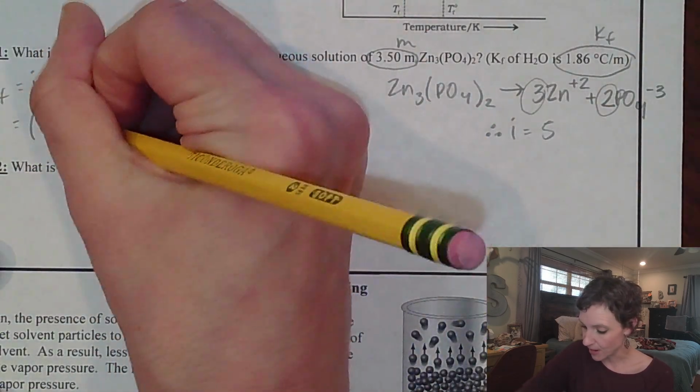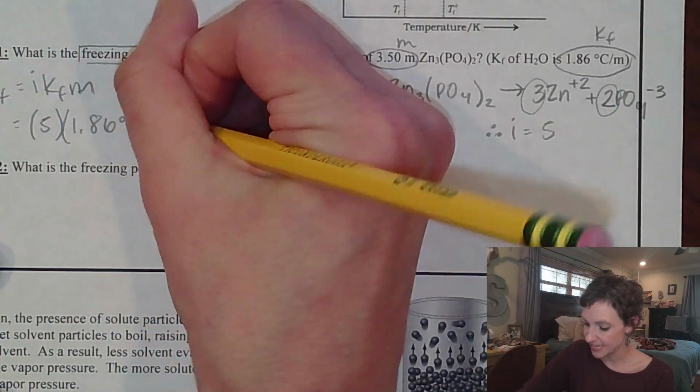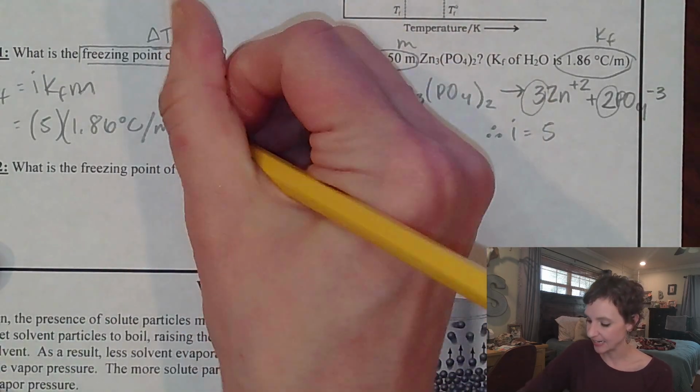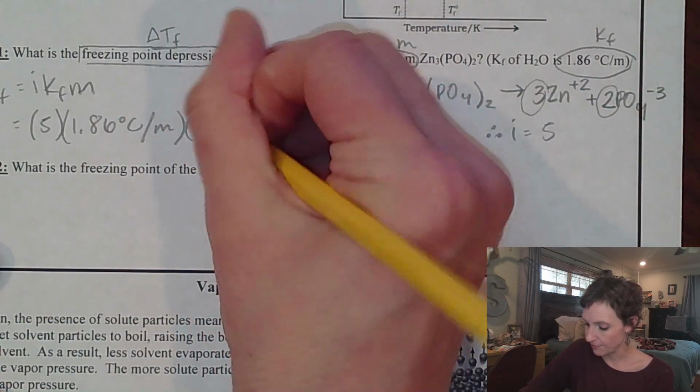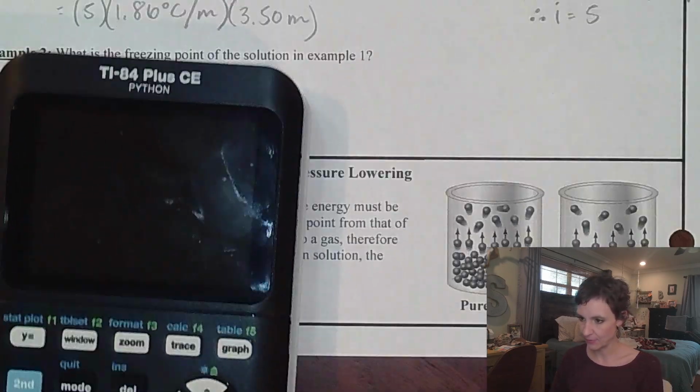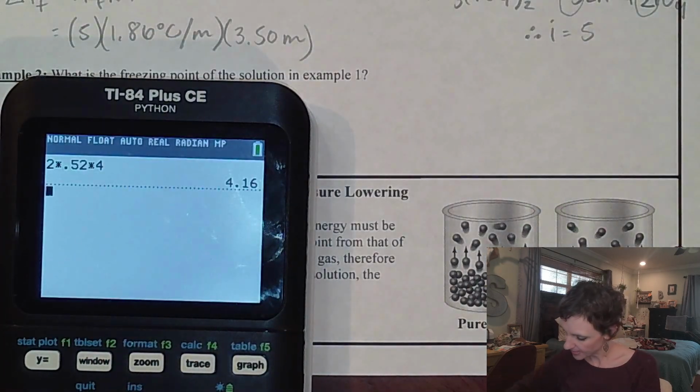Kf, we said for water, was 1.86 degrees Celsius per molal. And then finally my molality is 3.50 molal. Math it up, see what we get. So we have 5 times 1.86 times 3.50 equals.